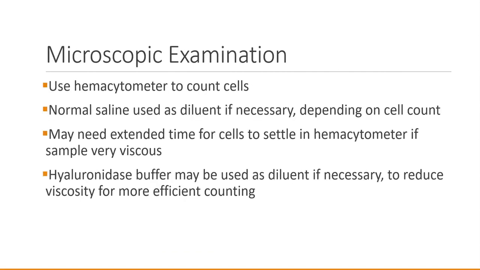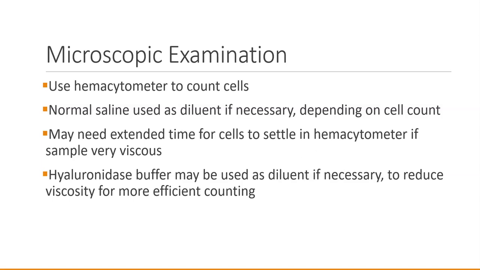Cell counts are performed using a hemocytometer. Normal saline is used as a diluent if necessary, depending on the cell count. So if you have a normal fluid with just a few white cells, it would not be relevant to dilute the sample. But if they're too numerous to count, then you need to dilute the sample, then multiply your results by the dilution factor. You may need extended time for cells to settle in the hemocytometer if the sample is very viscous.